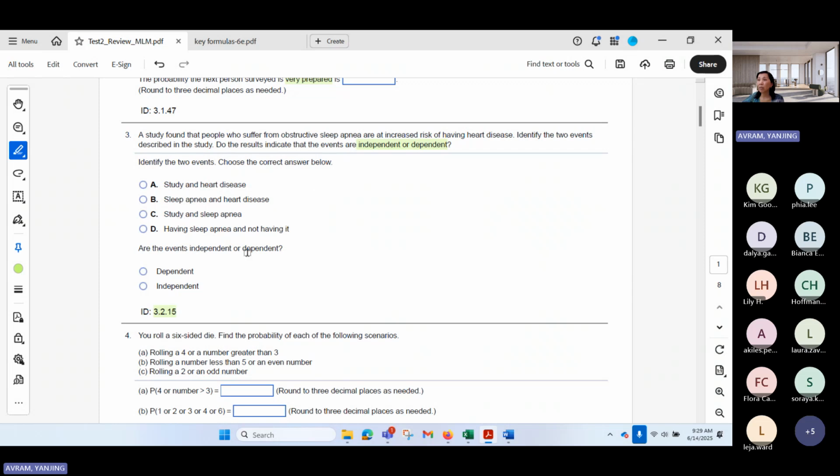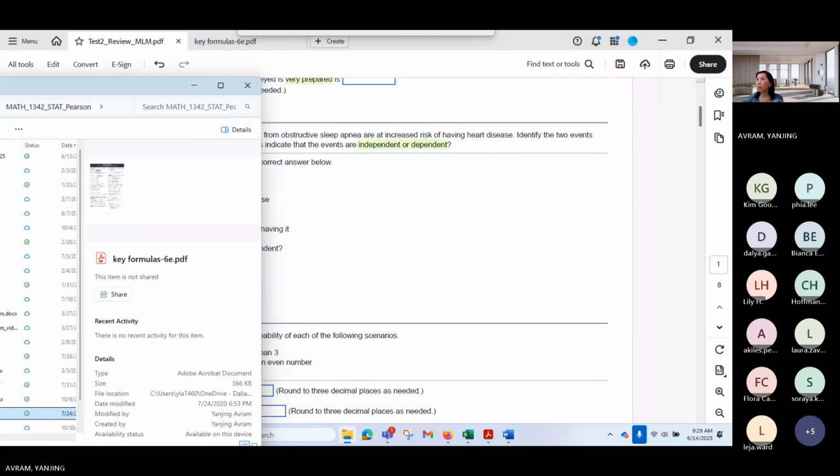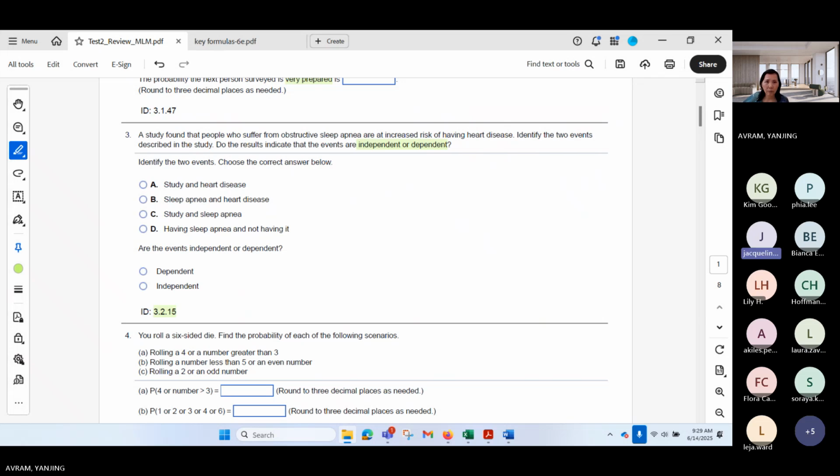So are these events dependent or independent? How about A? What do you think about A? Is A dependent or independent? Independent. Okay, all right, let's say independent. How about B?